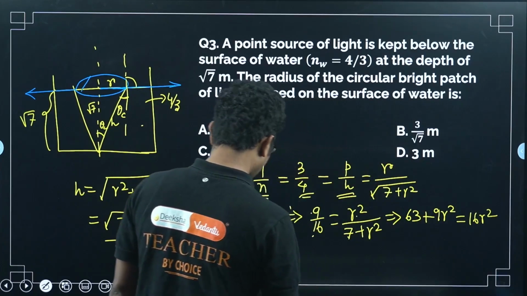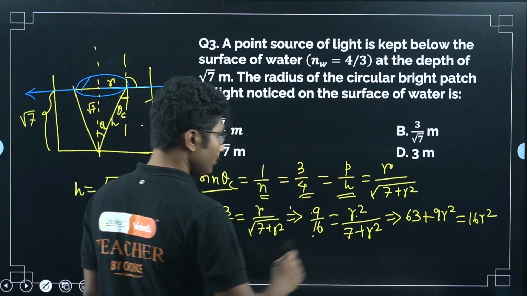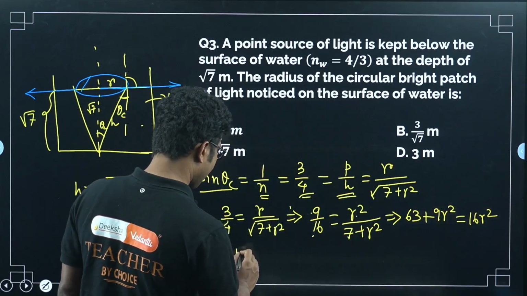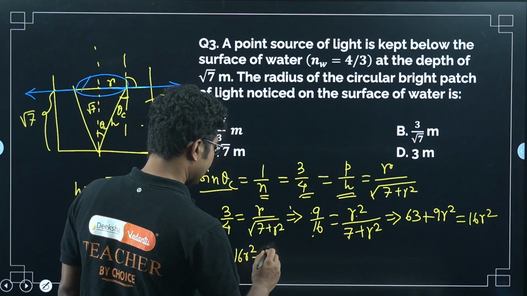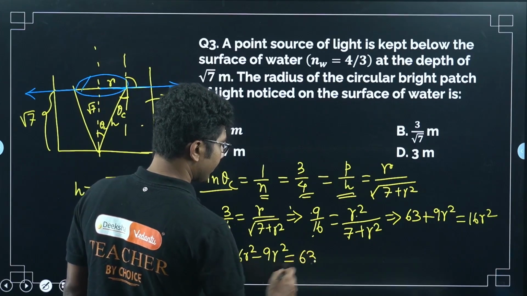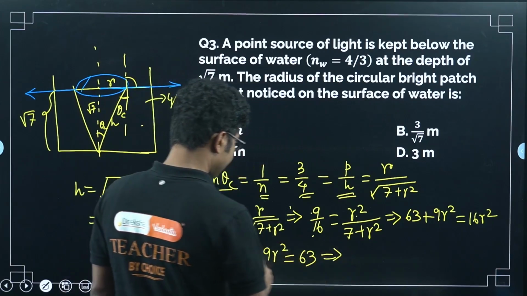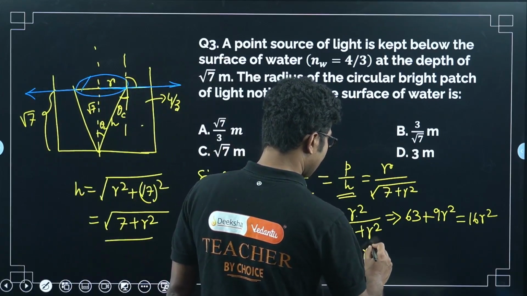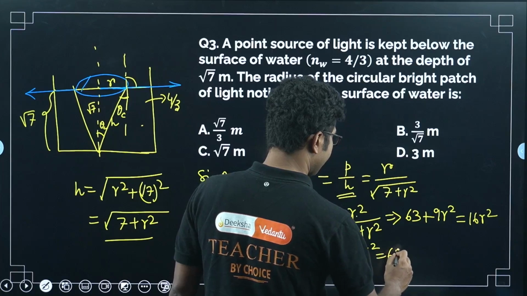Okay, so what we can write here now? Now let us take this 9 r square to the other side. So 16 r square minus 9 r square equals to 63, or 16 minus 9 is 7, 7 r square equals to 63.